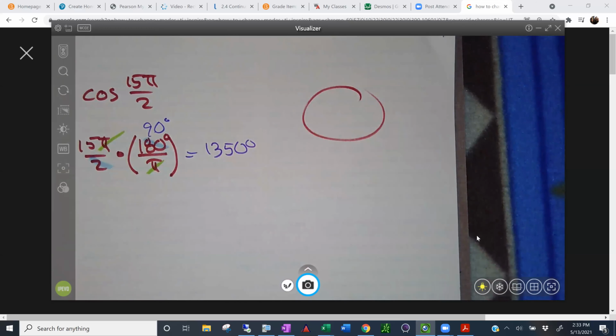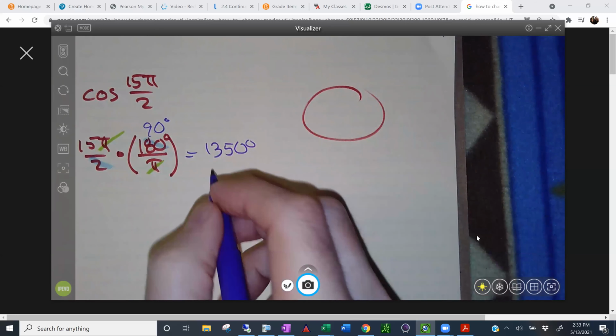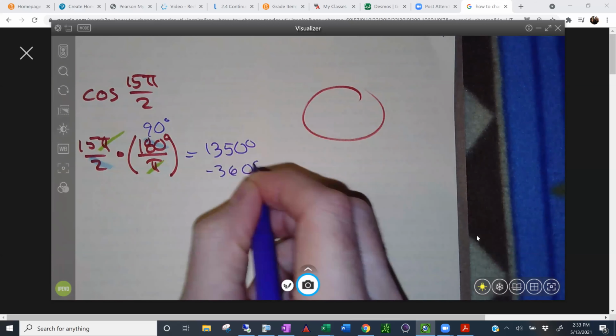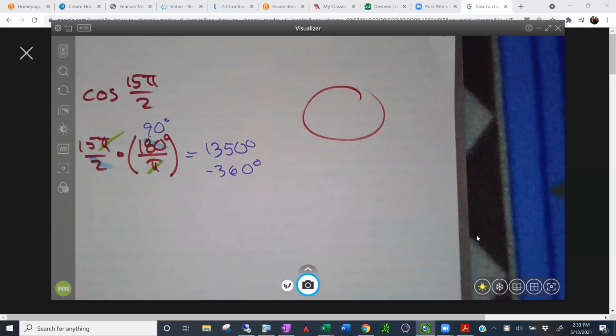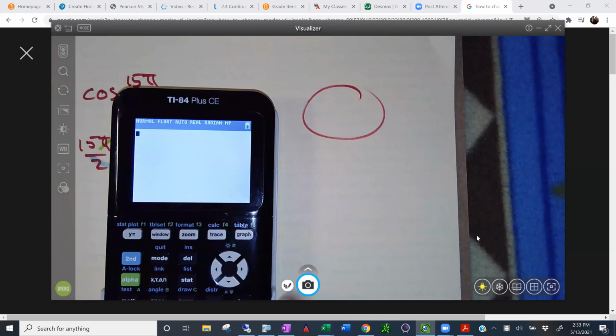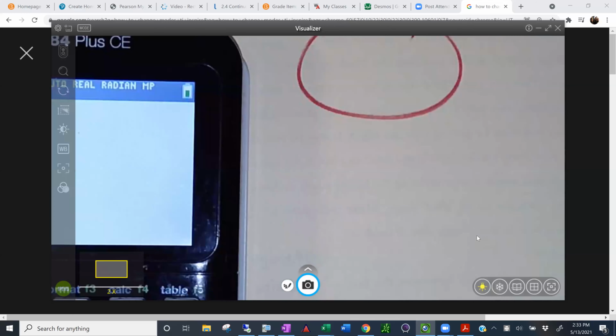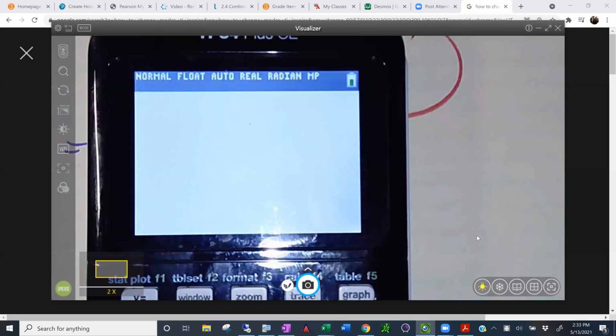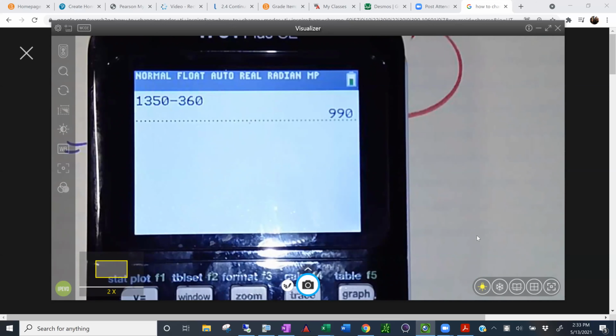That's clearly more than once around the unit circle. That's once around and change. So I can subtract off 360. 1,350 minus 360 is still more than once around, so I'll subtract off another 360, and then another 360.